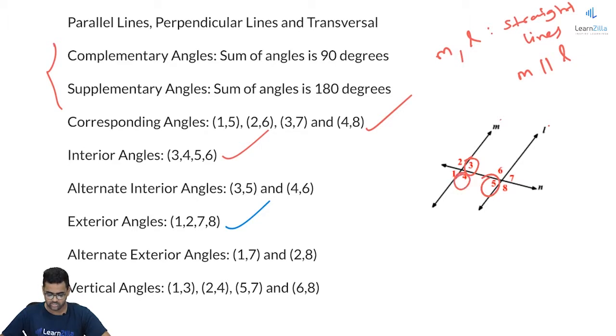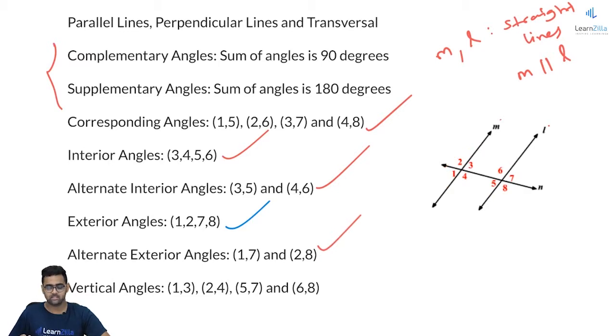Same goes with 4 and 6. These two pairs are my pairs of alternate interior angles. Now if I am looking at the other side, 1, 2, 7, 8 are my exterior angles. So 1, 7 and 2, 8 are my alternate exterior angles. That is also established.